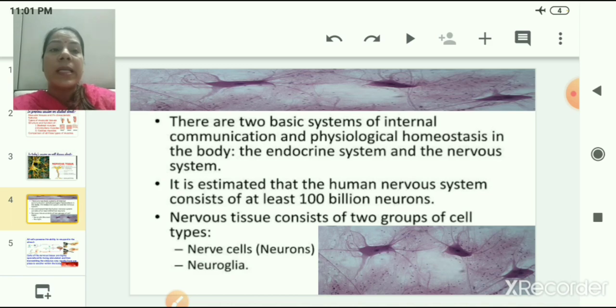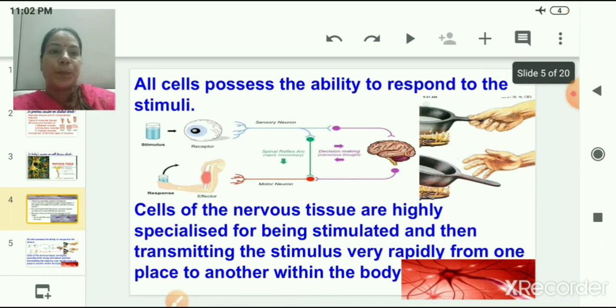It is estimated that the human nervous system consists of at least 100 billion neurons. Nervous tissue is composed of two groups of cells: nerve cells, which are known as neurons, and neuroglia. In today's session we are going to focus on neurons, the unit of the nervous system, which are also known as nerve cells.